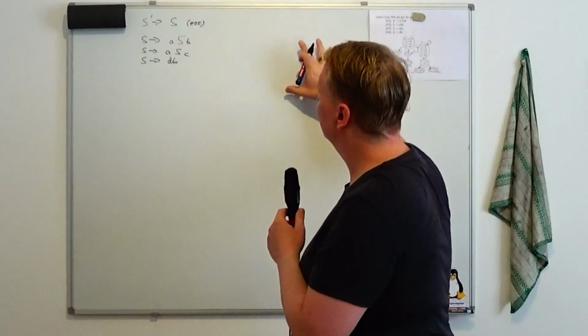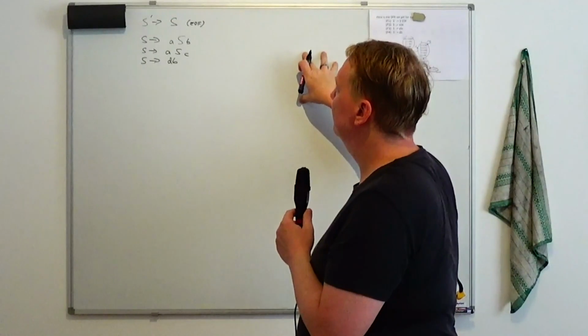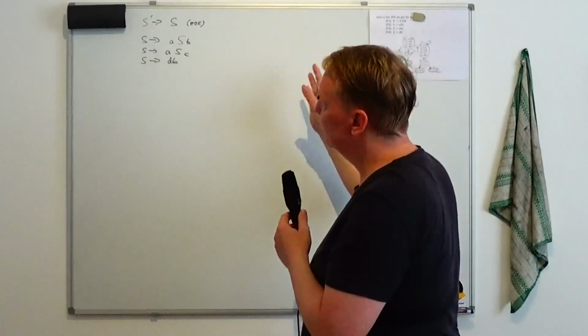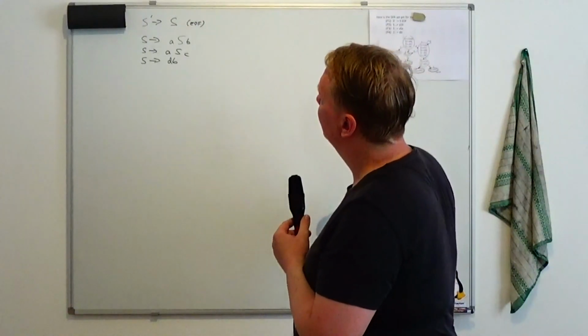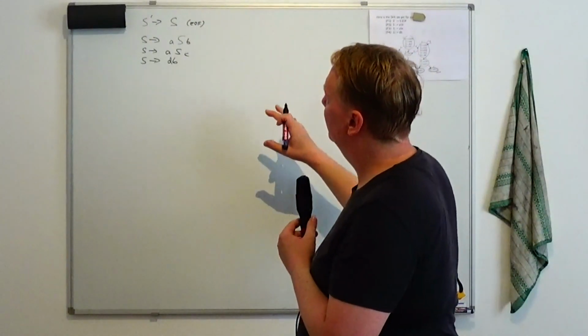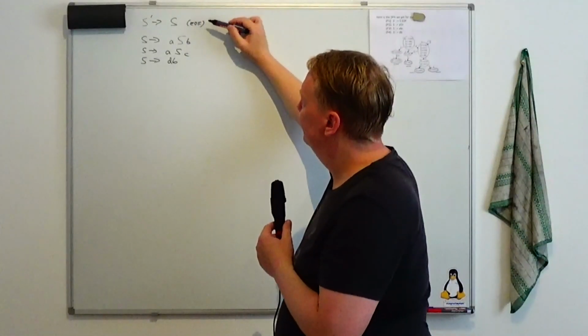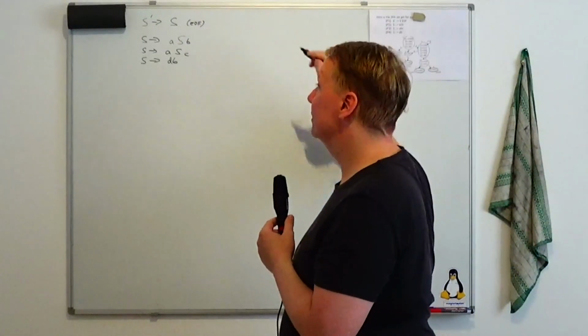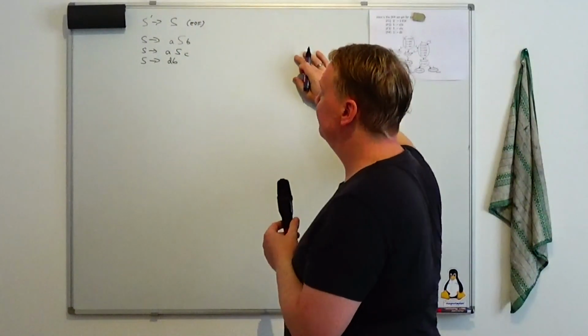We are constructing a pushdown automaton, something that has states, a start state, transitions, and these states correspond to situations that we can encounter while we are parsing our input for this grammar.